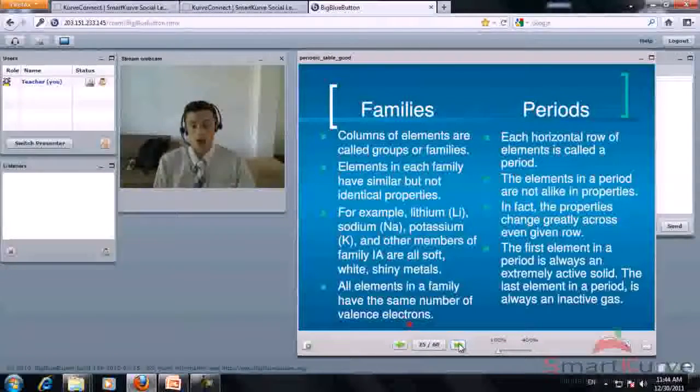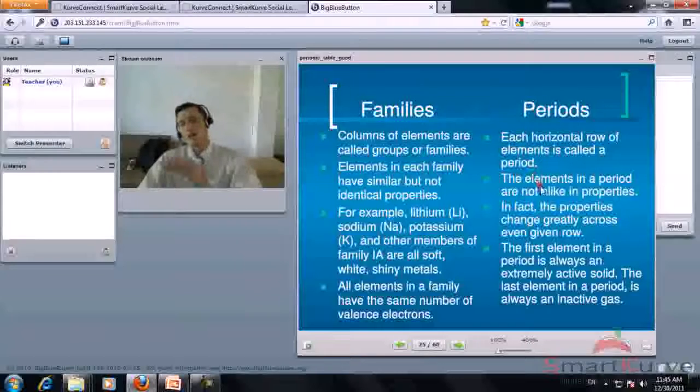They are all soft, white, and shiny metals. We're going to talk more about that in a few slides, so keep that in mind. All elements in a family have the same number of valence electrons. If you take anything from this lesson, take that. Elements in the same column have the same number of valence electrons.